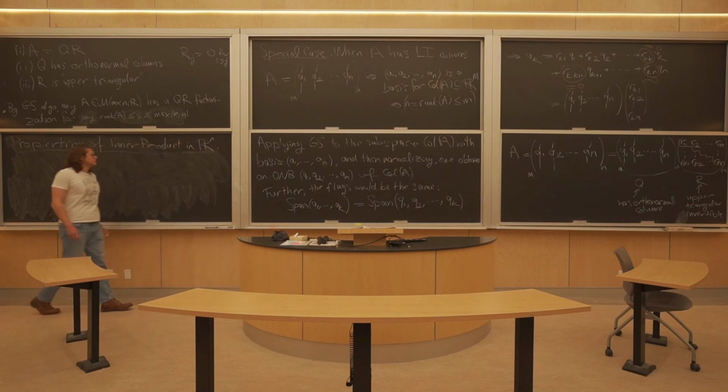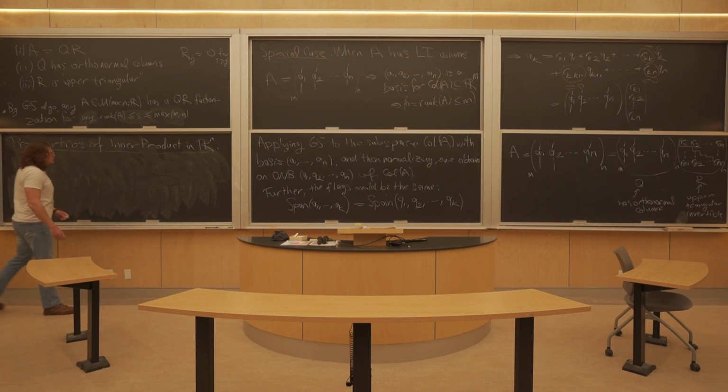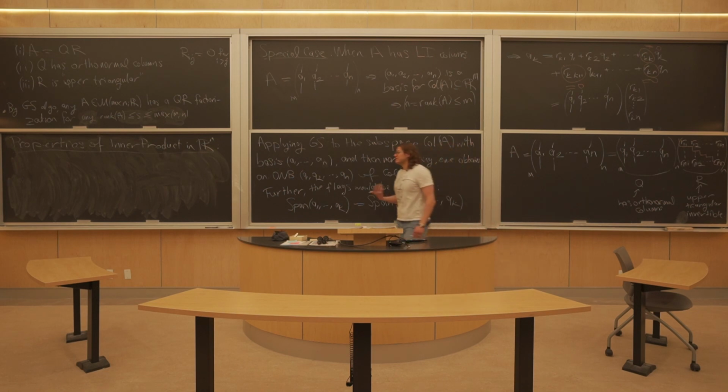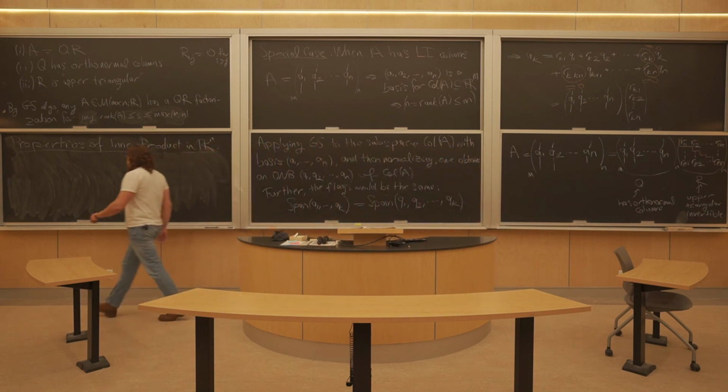So first of all, this inner product takes two vectors and produces a number, right? And if I were to fix the vector in the first entry, now with respect to the second entry, it's going to be a linear transformation.